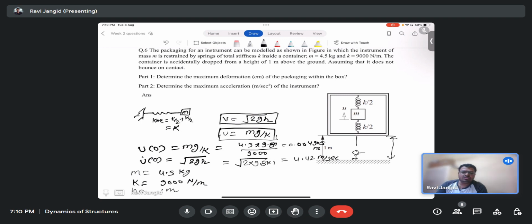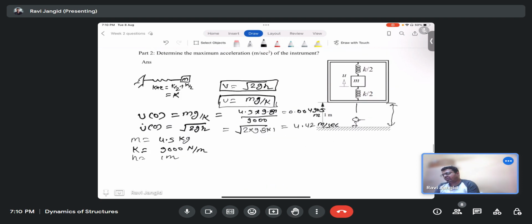So, do you know the solution of a free vibration? If I give a free vibration to the system, m u double dot plus k u is equal to 0. What is the solution for this?